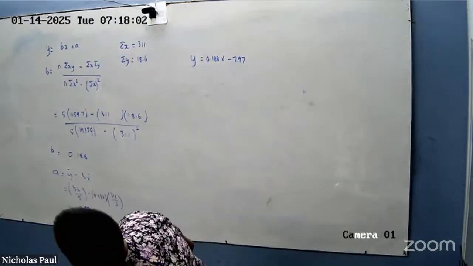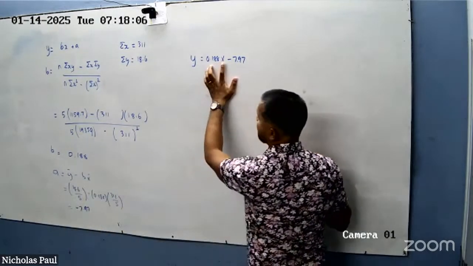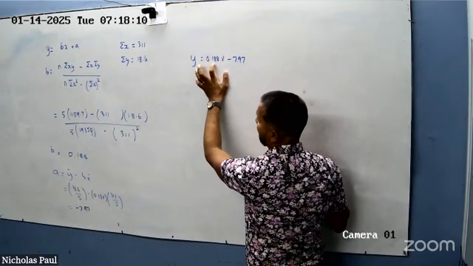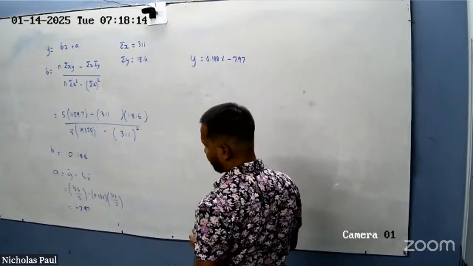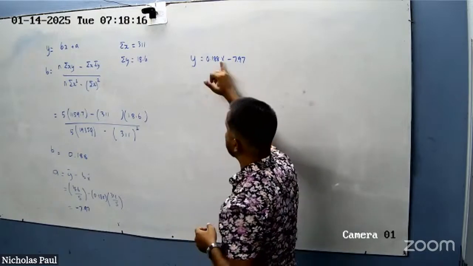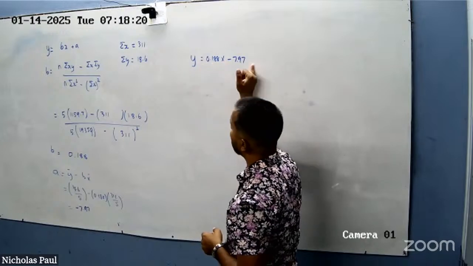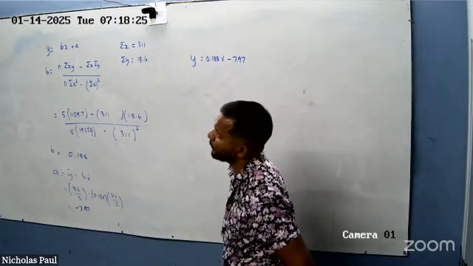So basically, for every unit change in X, Y will increase by this particular factor. For every unit increase in X, the Y value will go up by the factor B. Okay.